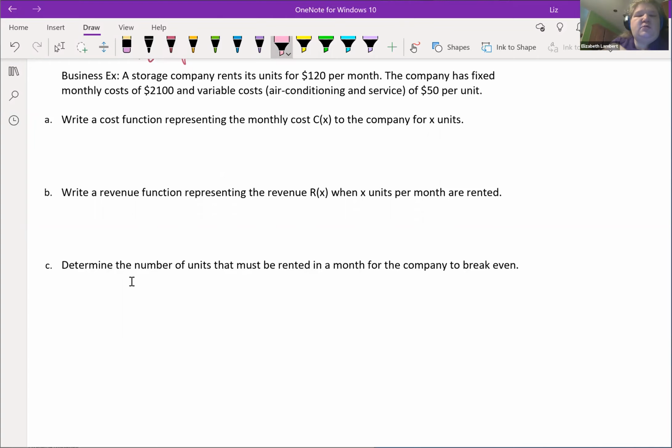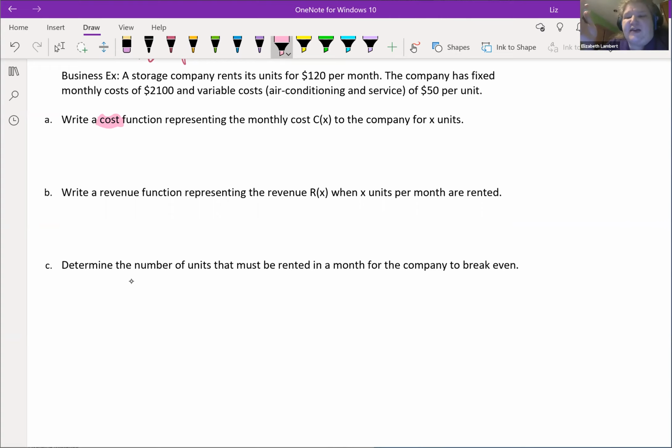So the first one is cost. I want to write just a cost function. And they're using function notation here to reinforce that both of these should be in terms of the same variable, where the variable represents the same thing. So the cost for X units, however many units are being rented per month.